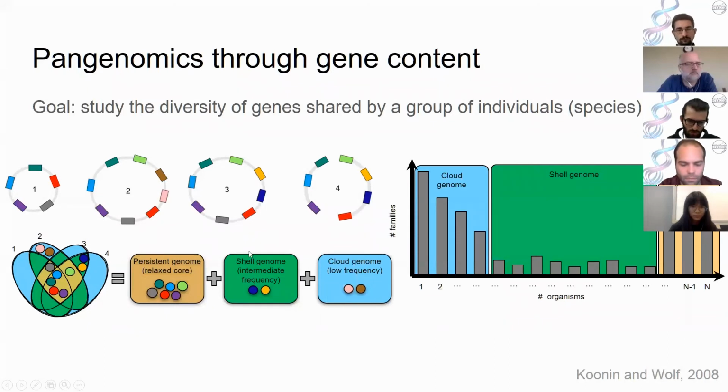The shell genome, which are genes that are present at intermediate frequencies, and the cloud genome, which are rare genes. A lot of tools were built to partition pangenomes into 2 or 3 classes, as I just introduced, but most of them are based on the frequency of gene families, and they use hard-coded thresholds.